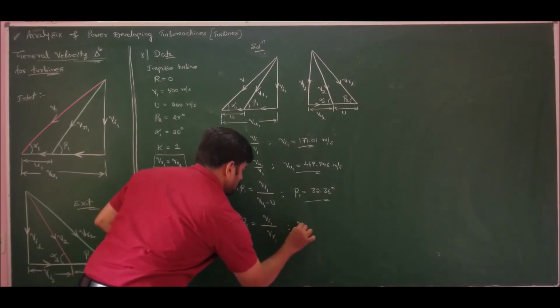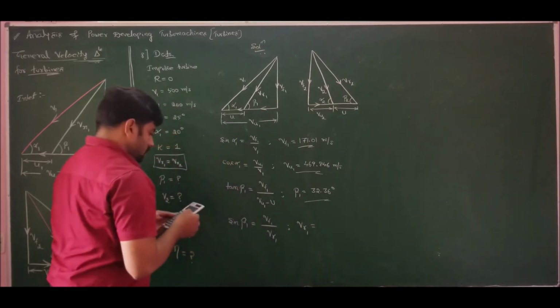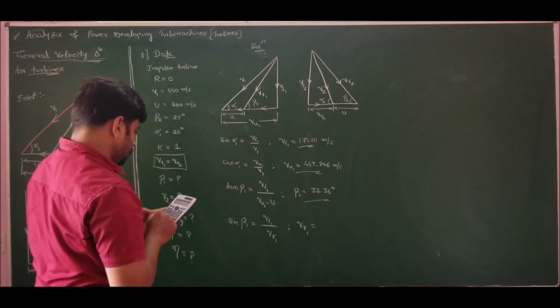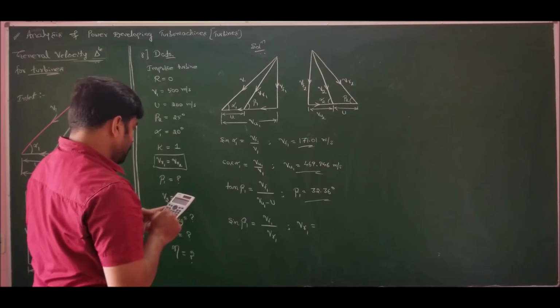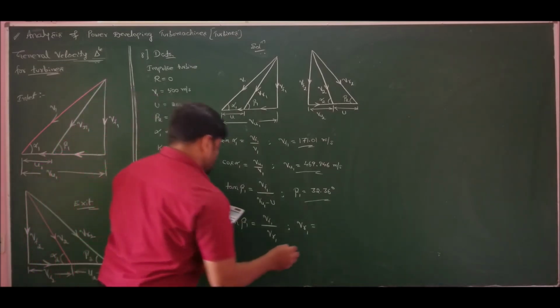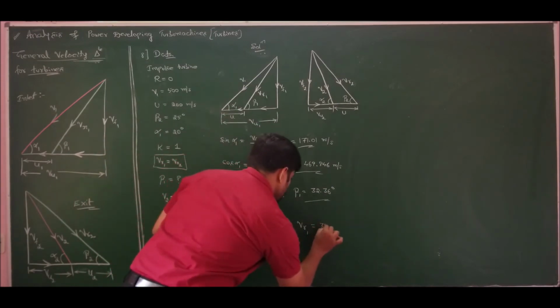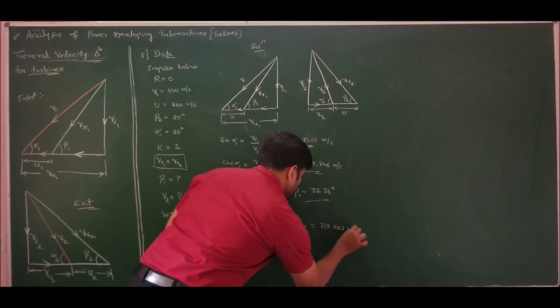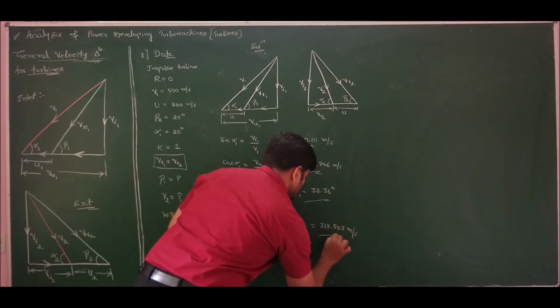Hence the value of VR1 is VF1 by sin beta 1, that is 171.01 by sin 32.36 degrees. So VR1 is 319.503 meters per second.